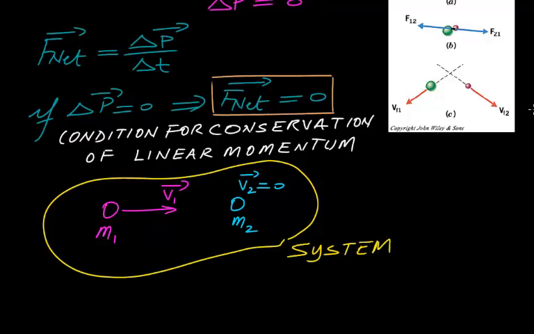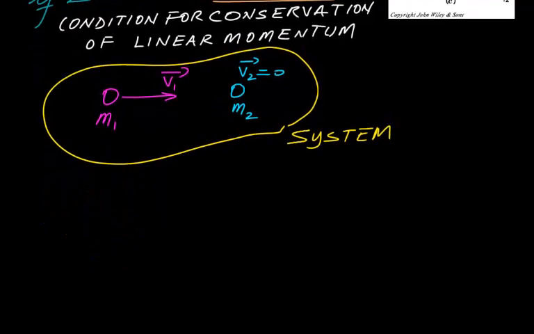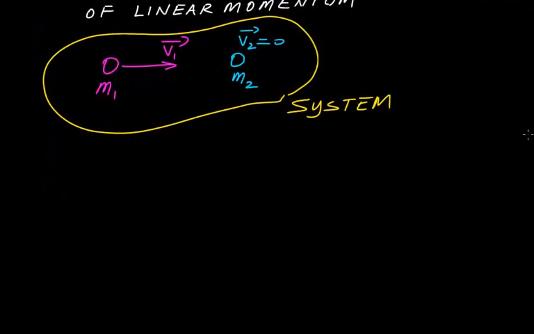How do we detail this mathematically? Here's how we do it. First, assuming that the momentum is conserved because the net force is equal to 0, we are going to use the conservation of momentum. P initial equals P final. Let's detail this one so we understand.